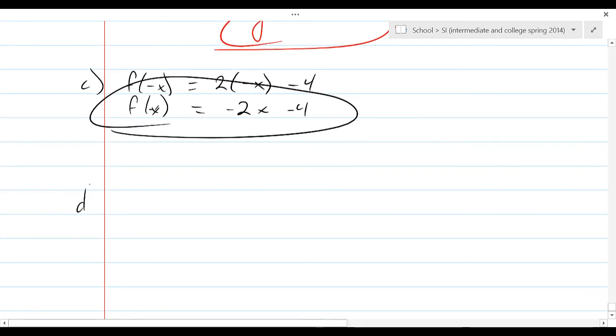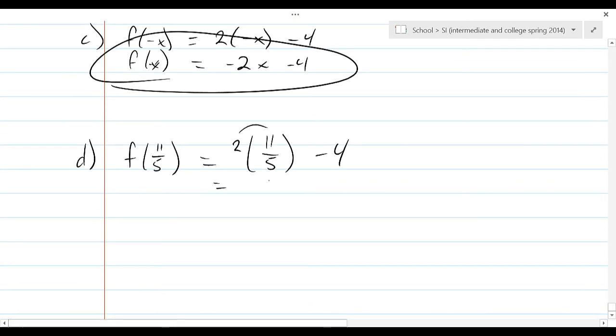D. What does that say? F of 11 over 5. That's interesting. Well, I'm going to replace my x with 11 over 5. So I've got 2 times 11 over 5 minus 4. 2 times 11 is 22.